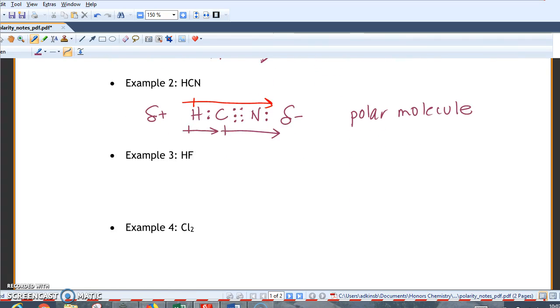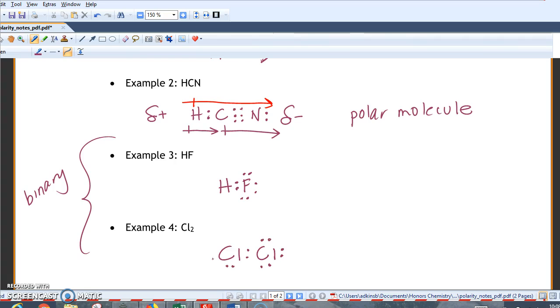All right, our last 2 examples are binary. Remember that for binary compounds, the shortest distance between 2 points is linear. So here we have HF versus Cl2. Both are linear because they're binary. Binary just meaning 2. So if I think about HF, fluorine is way more electronegative than hydrogen, and so you will have a bond dipole.